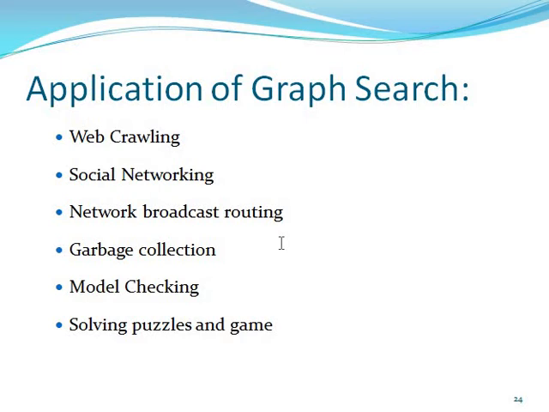Now the applications of the graph. What is the main application? Web crawling, social networking, and routing for network broadcasting. You have seen that in social networking, or in the graph, you have connected a number of routers to each other.